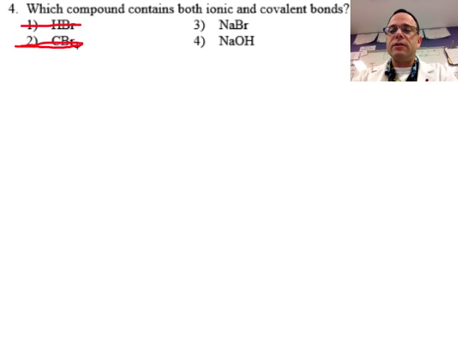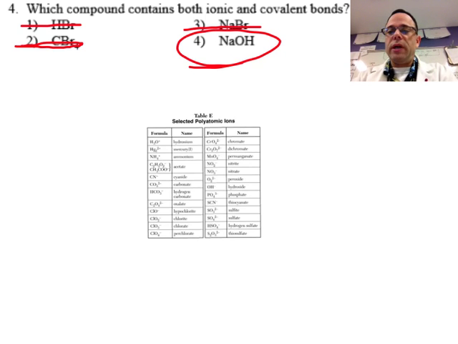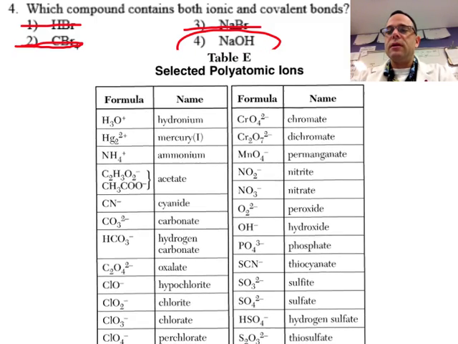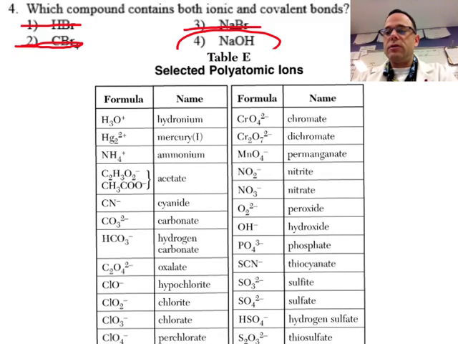It's only 2 elements. Number 3, sodium and bromine. Again, no. And lastly, we have sodium, oxygen, and hydrogen. It's looking good, but let's inspect. Do we have a polyatomic ion present? And OH is right here, hydroxide.